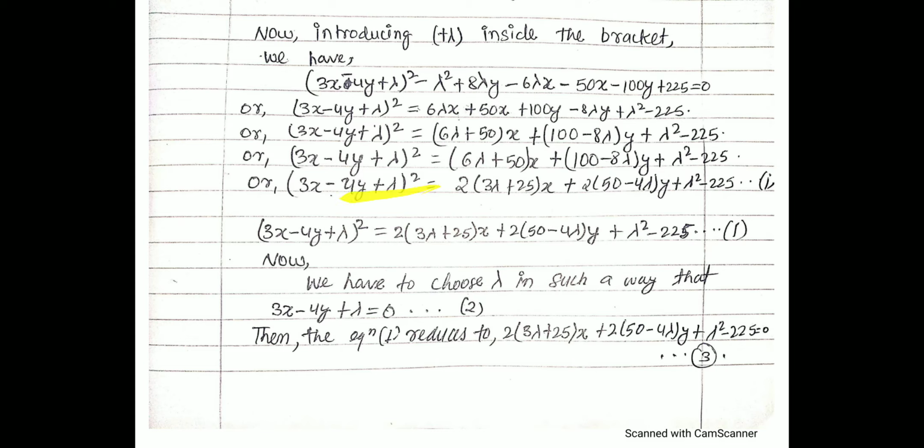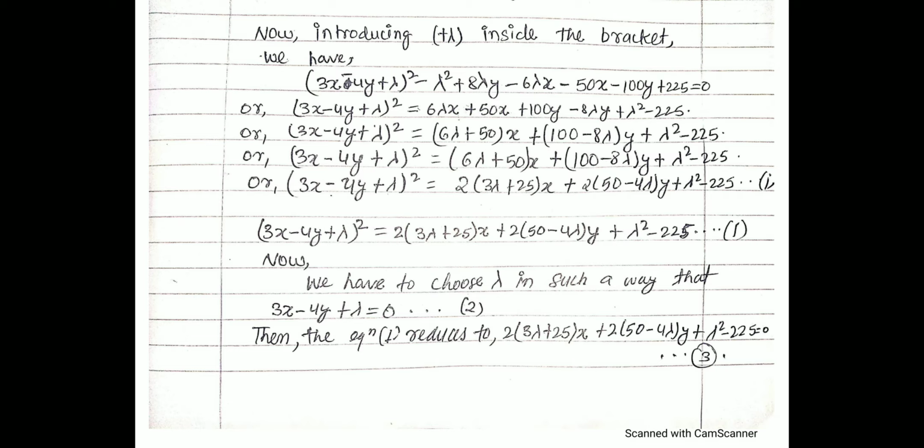Again we should write (3x minus 4y plus lambda) whole square is equal to, now let's take 2 common among both the remaining parts. So we can write 2 times (3 lambda plus 25) times x plus 2 times (50 minus 4 lambda) times y plus lambda square minus 25, which is our equation 1.